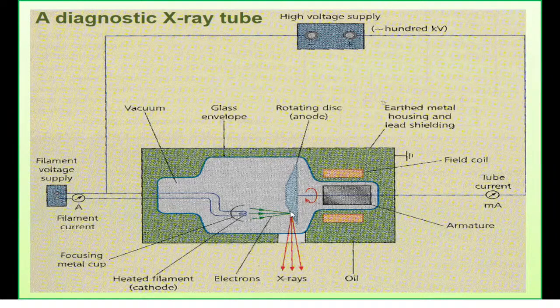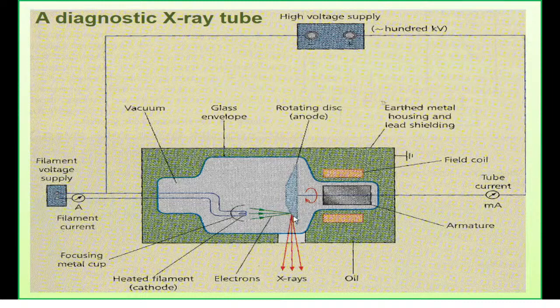stop electrons. As you may remember, electrons are electrically charged particles. They carry negative elementary electrical charge, and when they are stopped by this disk, it behaves itself as the target bombarded by electrons.